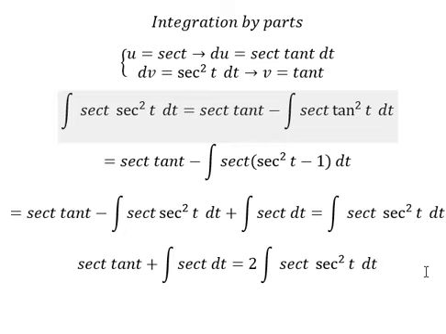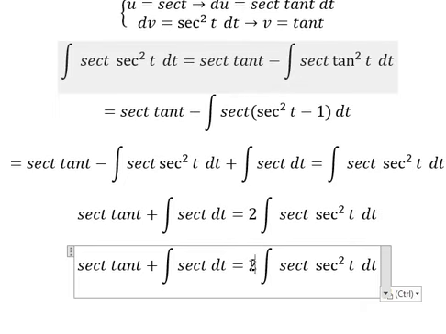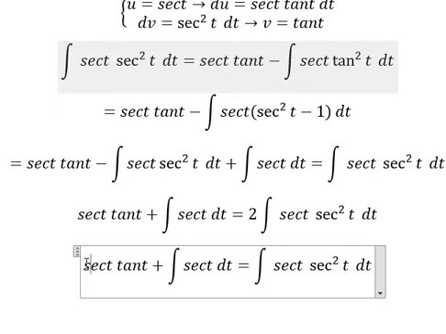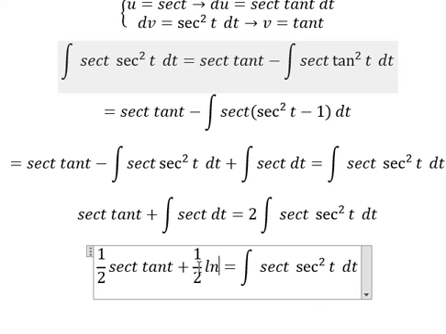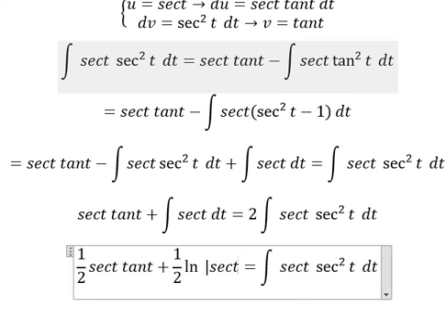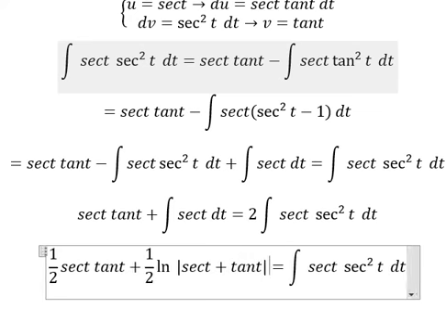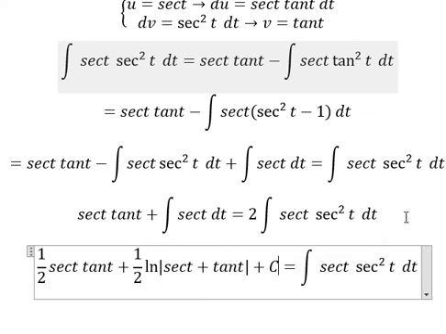Later we divide both sides by number 2. The integration of this one we have ln of the absolute value of secant of t plus tan t, and I will put c.